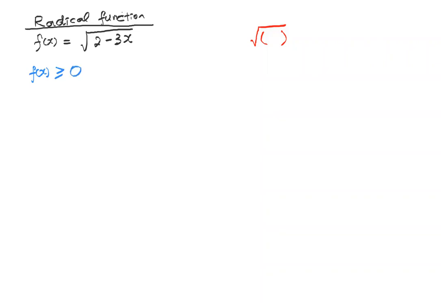This is the range. I know it. Do you know why? Because it is always positive, the smallest value of the square root of any positive number is equal to 0. Do you know that?